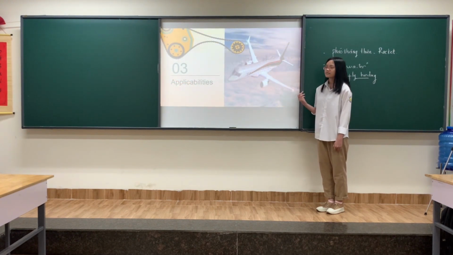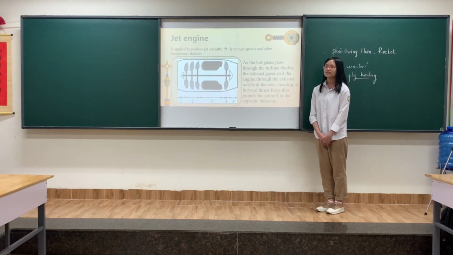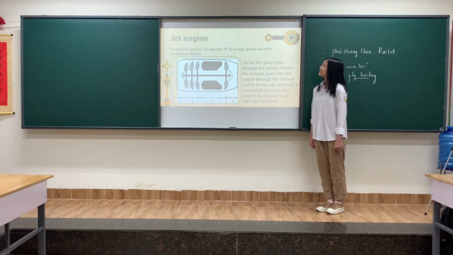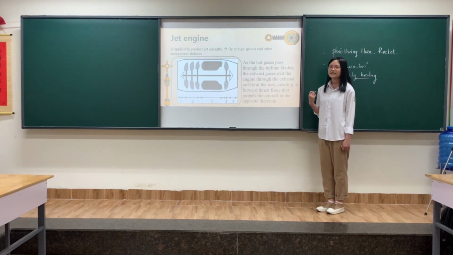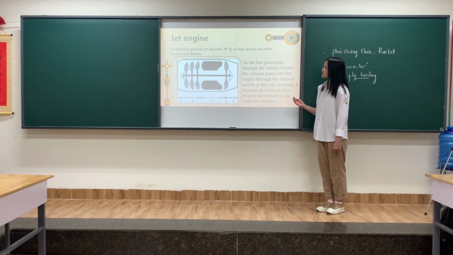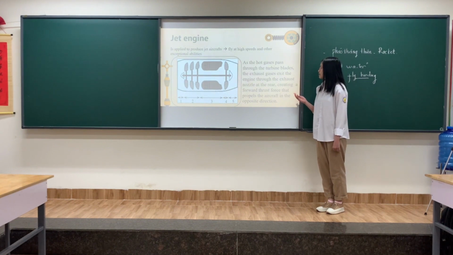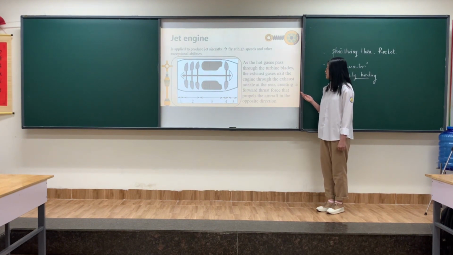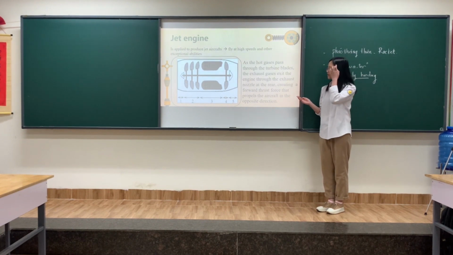And lastly is the applicability. Jet motion is used to propel a product that is fast, so it can make them move at high speed. Here is a picture to illustrate how it works. As hot gas passes through the turbine, exhaust gas exits the engine through the exhaust nozzle, creating forward thrust that propels the aircraft in the opposite direction.